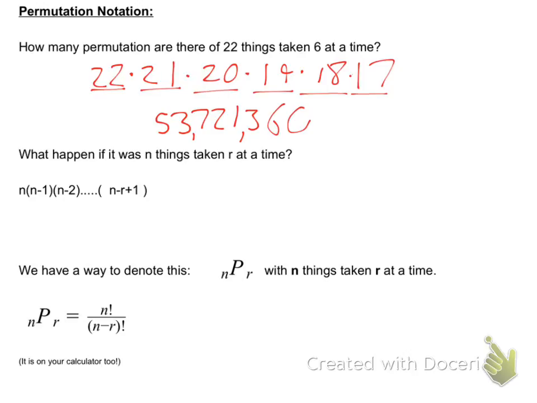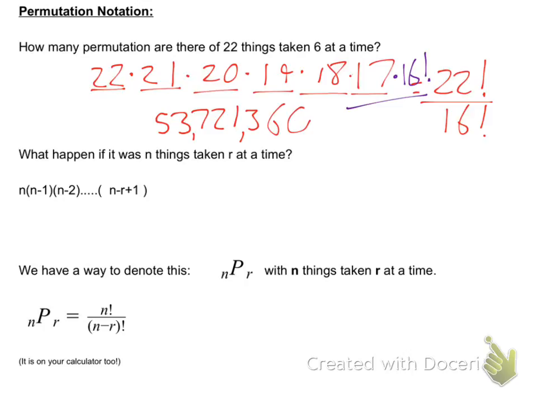Exclamation point, yeah. Isn't that just 22 factorial over 16 factorial? Couldn't you do that instead? Because what's the number that's missing after 17? 16 factorial.